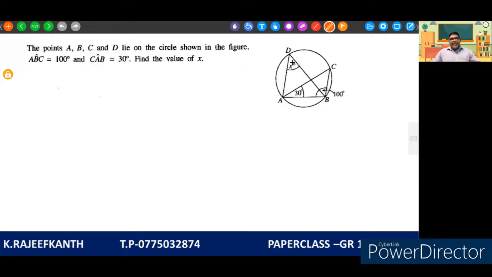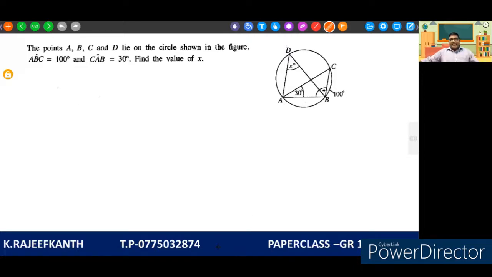The points A, B, C and D lie on the circle shown in the figure.